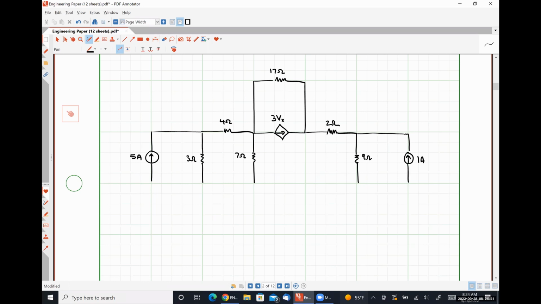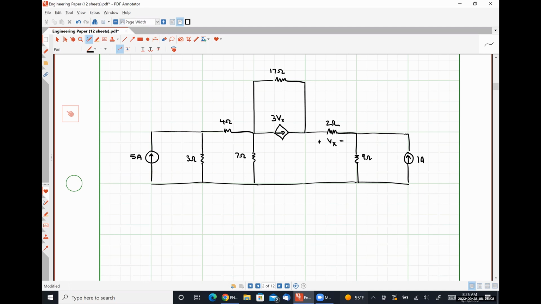One amp source. And this is the voltage Vx that controls our dependent source. Okay. Our goal here is to solve for this quantity Vx.